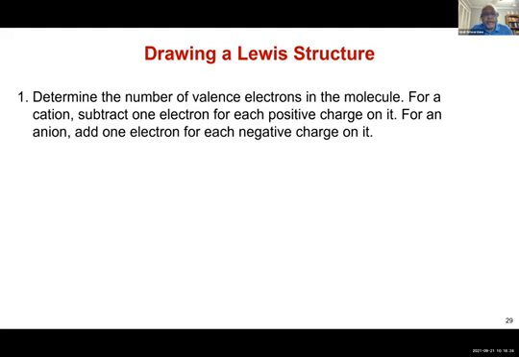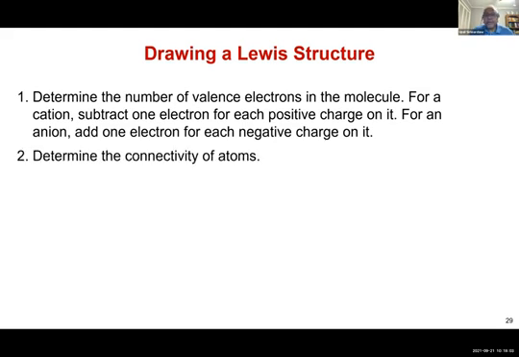For an anion, add 1 electron for each negative charge on it. Sometimes there are groups of atoms like hydroxide, polyatomic ions with covalent bonds. To calculate the total number, if the charge is negative, you add 1 electron to the total of valence electrons. We're going to look into problems.